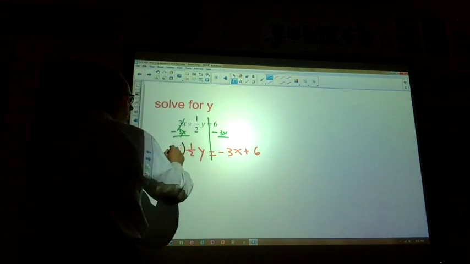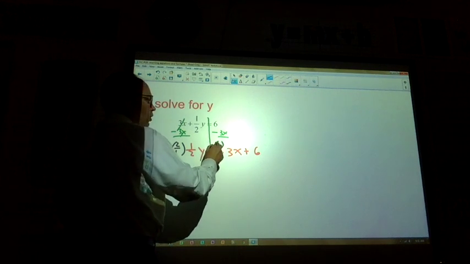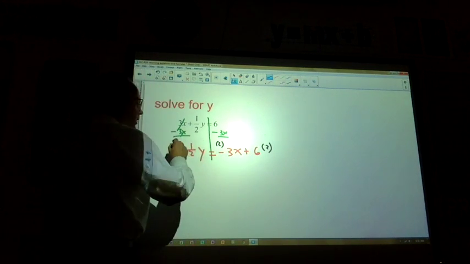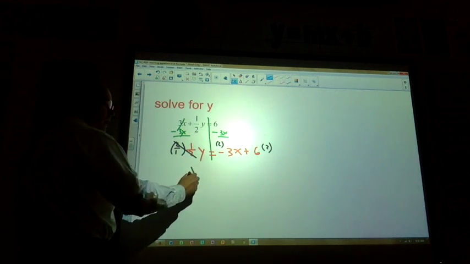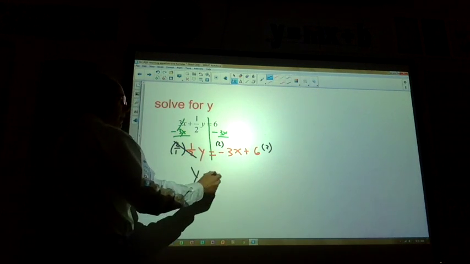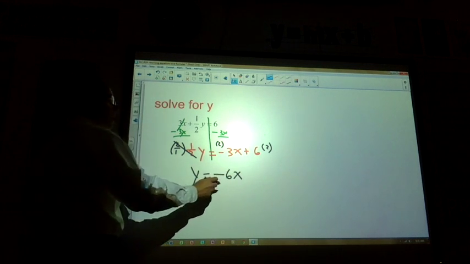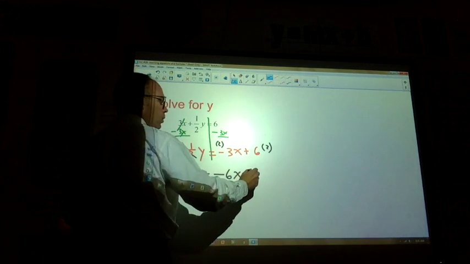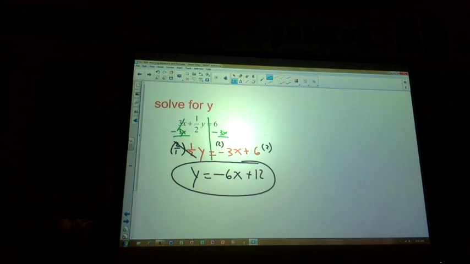So technically this would be multiplied by 2 over 1, and this would be multiplied by 2, and this would be multiplied by 2. That cancels, so it leaves me just what over here? Y equals 2 times negative 3x? Negative 6x. Watch your signs. And then 12. And we have now solved for y. Y is all by itself.